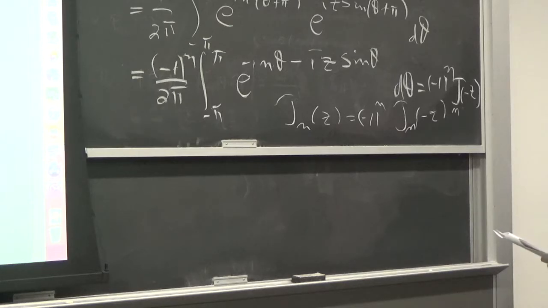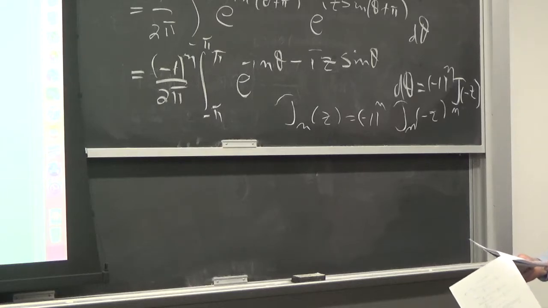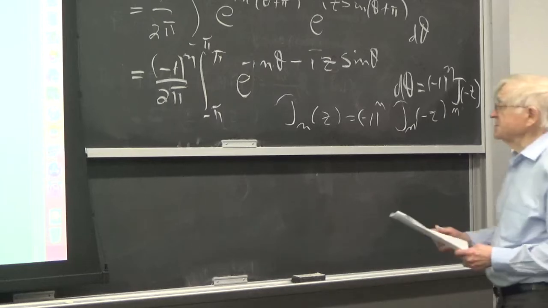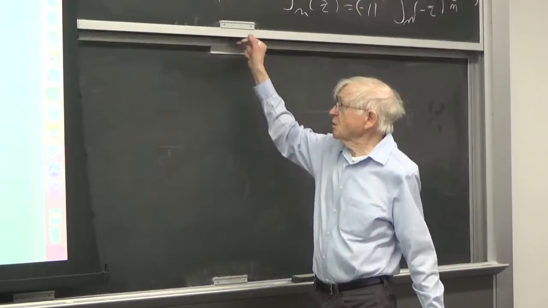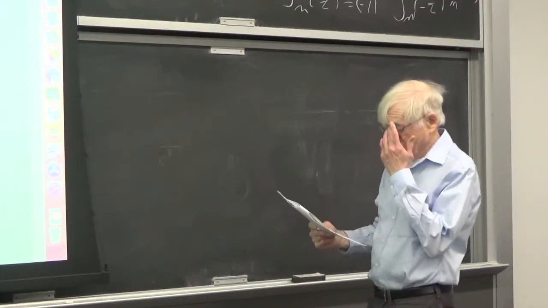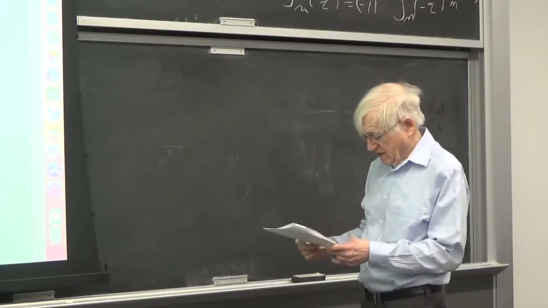There are various ways of getting recursion relations. Let me instead go back to Bessel's equation and just change variables.